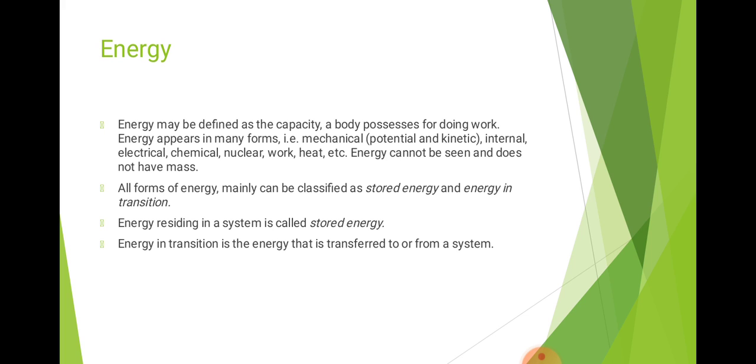Work and heat are not stored by the system, hence there is nothing like work of a body or heat of a body. Work and heat are not properties or state functions, they are only path functions. They exist only in transition or transfer of energy.